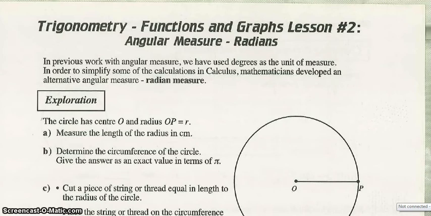Alright class, this is Math 30-1 and we're starting trigonometry. So we want to lay a good foundation and have an understanding of what we're going to learn. In younger grades, you work with right angle triangles, so you only work with angles from 0 to 90 degrees.